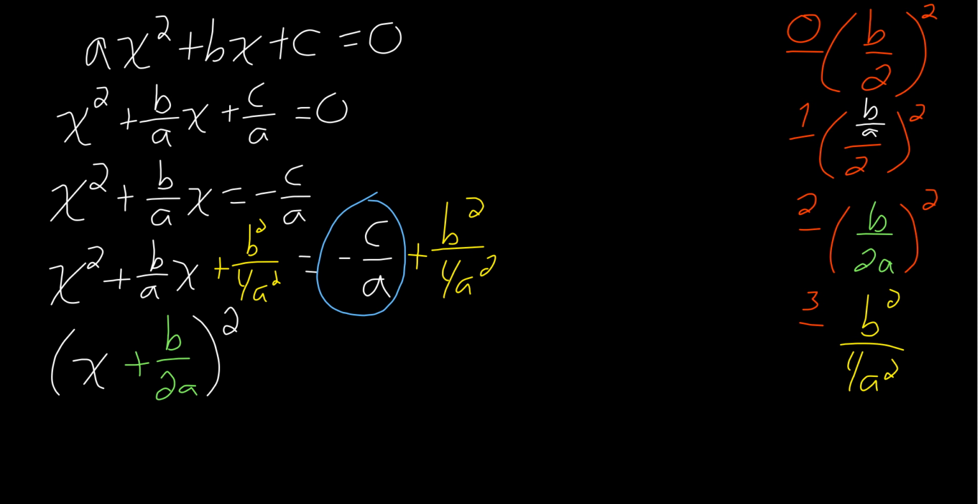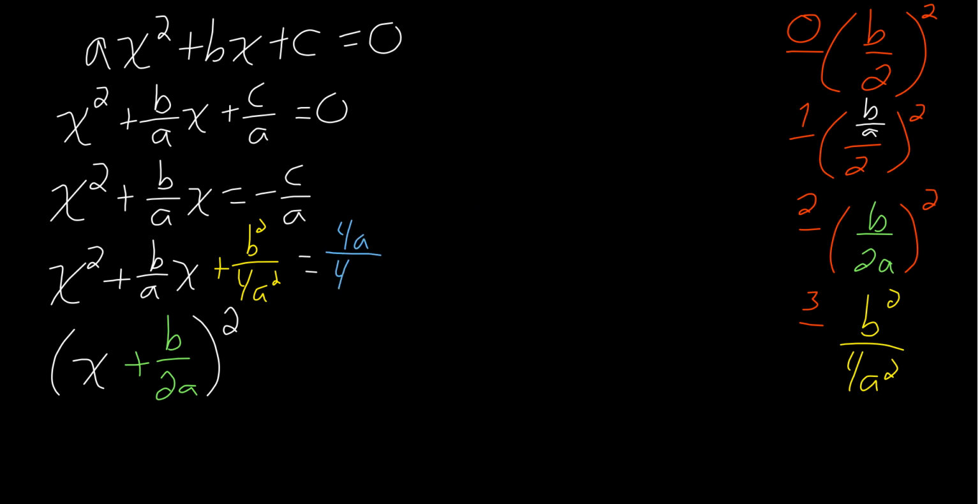So what I'm going to do to this equation is multiply the top and the bottom by 4a. Let me erase this and really show it. So we're going to multiply the top and the bottom by 4a. And then, of course, over here we said we added what?